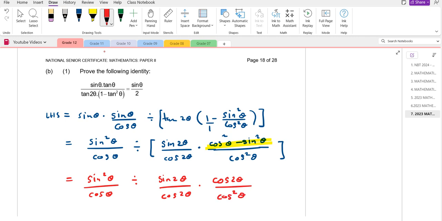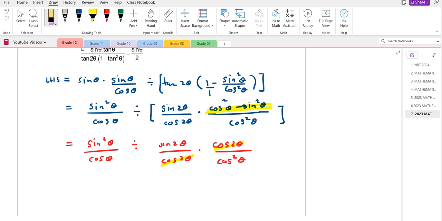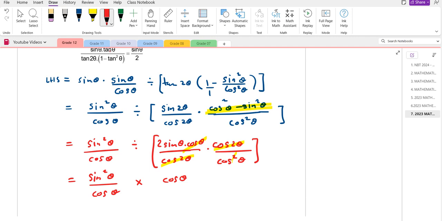Now what we have is these things cancelling out. We know what sine double angle is, so we should change it here. Sine double angle is 2 sine theta cos theta. So we can cancel out one cos from here and one cos from here. Now we change this division into multiplication, and whatever we have in the denominator goes on the numerator, which is cos theta, and in the denominator we have 2 sine theta.